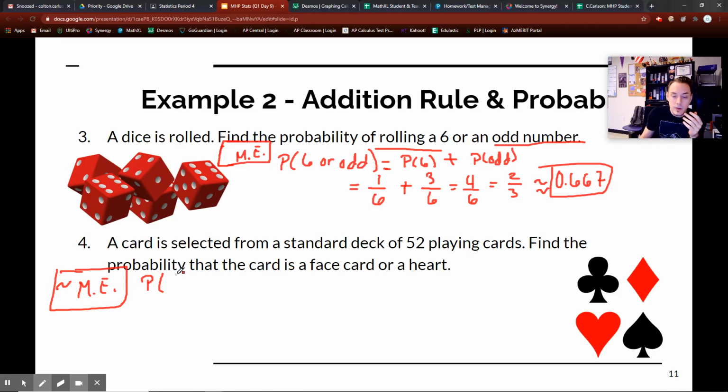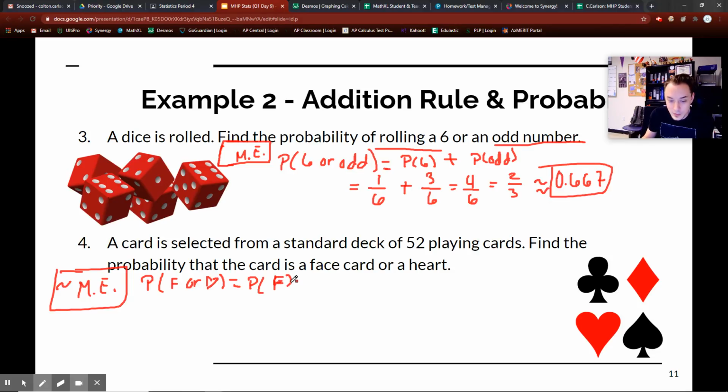So probability of a face card or a heart, and I'll do a little heart here because I think that's cute. Equals the probability of a face card.